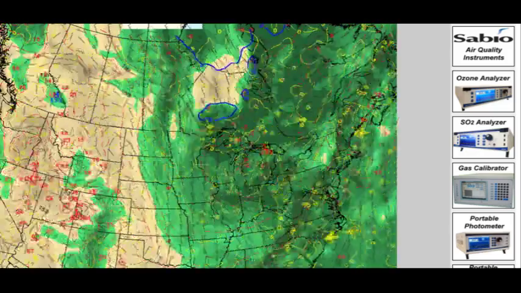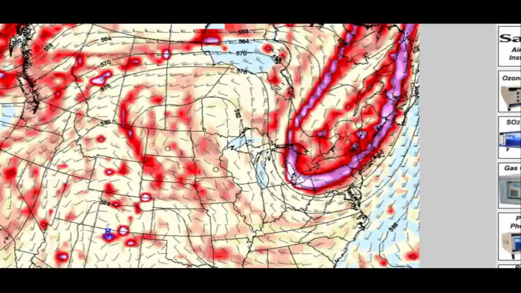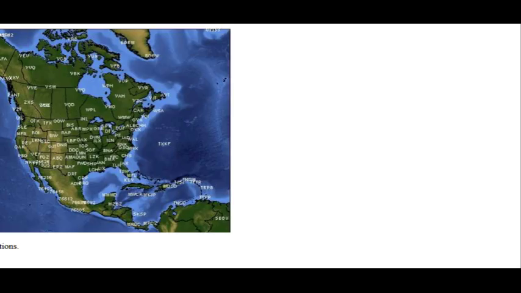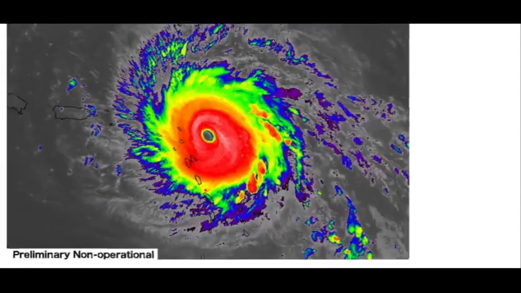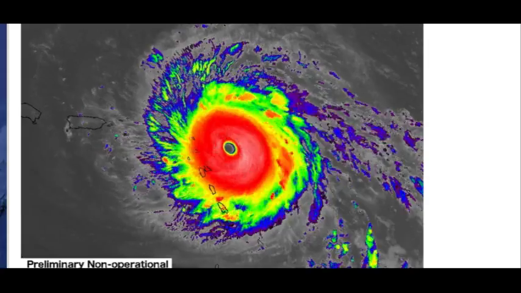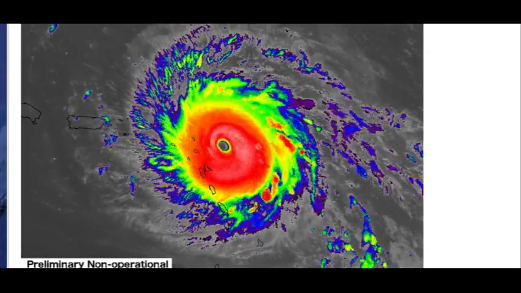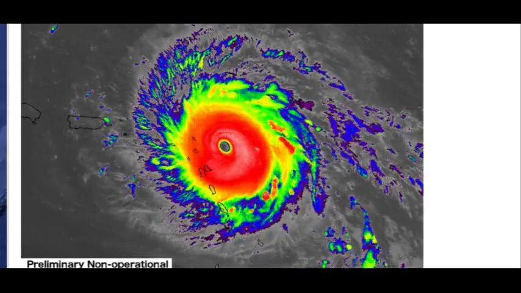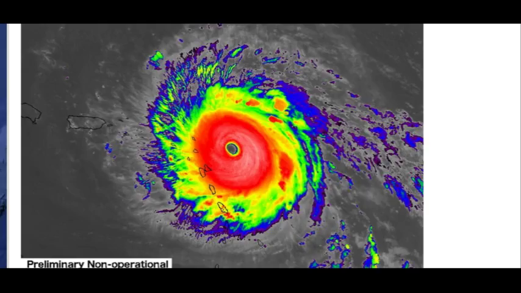And there's our look at the beast heading westward, 15 miles an hour there, Category 5 storm.